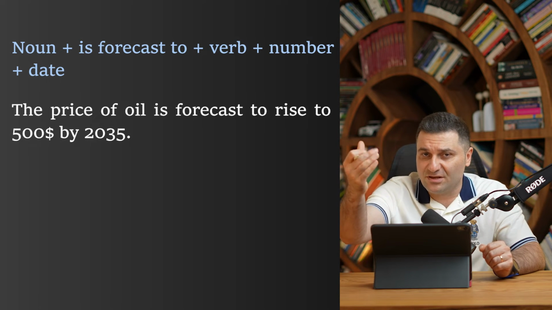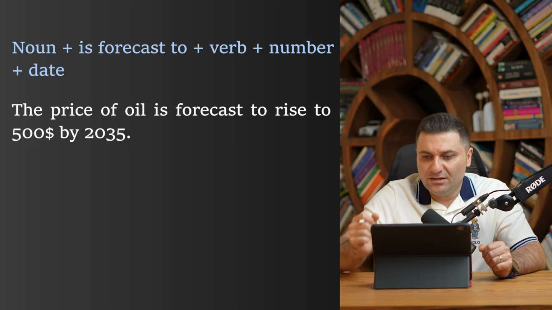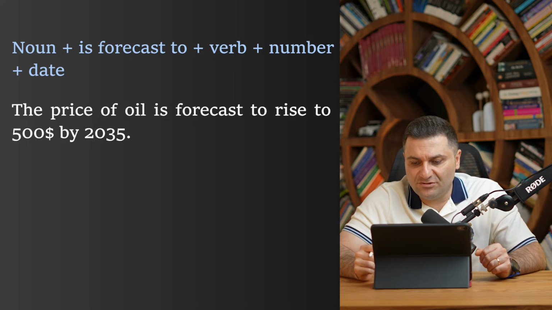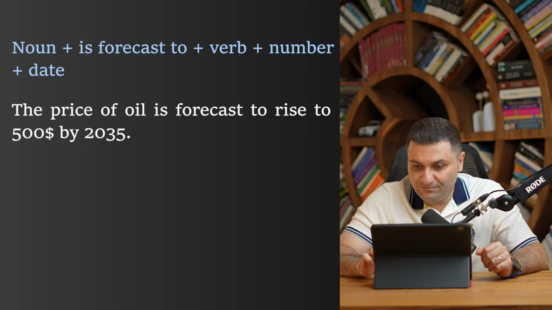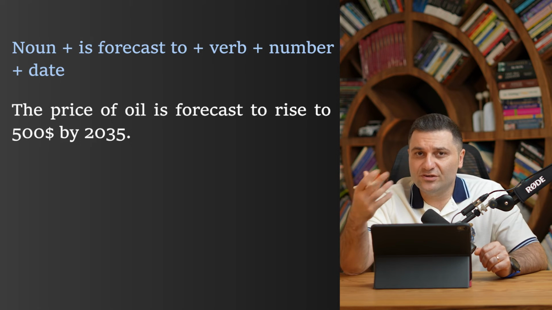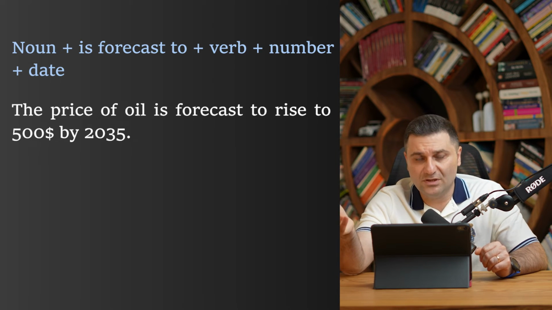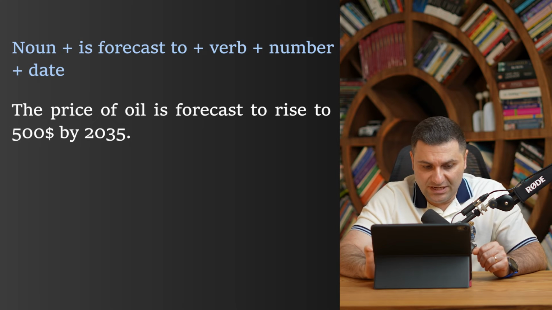We're forecasting something. Is forecast to rise to $500 by 2035. All right. This structure is mainly used in charts or graphs about future tense.